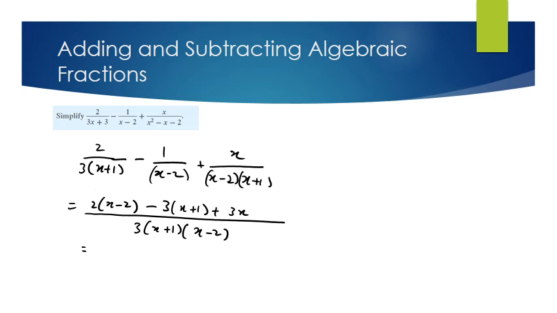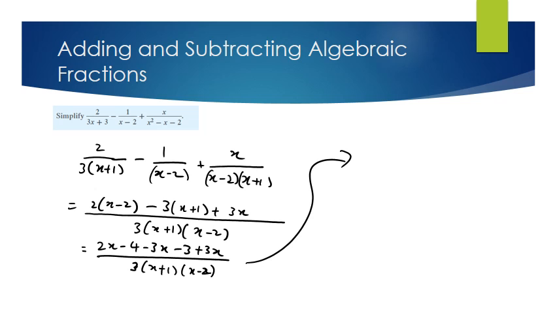The top one, however, you expand, so then simplify anything you need to. The 3x's cancel, so we're left with 2x minus 7 all over 3, x plus 1, x minus 2.